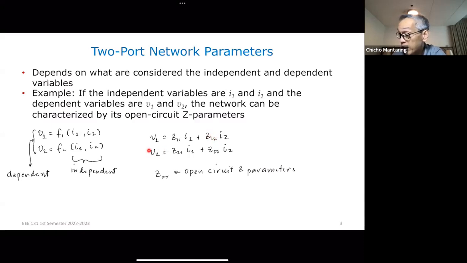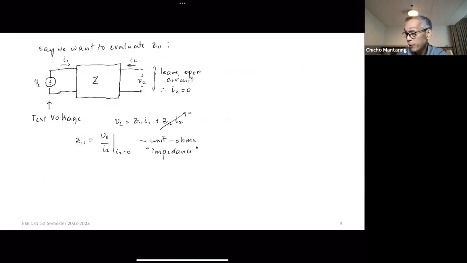If I apply a test voltage at port 2, I will be able to determine I2, and Z12 is just V1 over I2. Just because port 1 is open circuited does not mean there's not going to be any voltage. Remember, there's such a thing as an open circuit voltage. So that's how you determine your Z parameters.